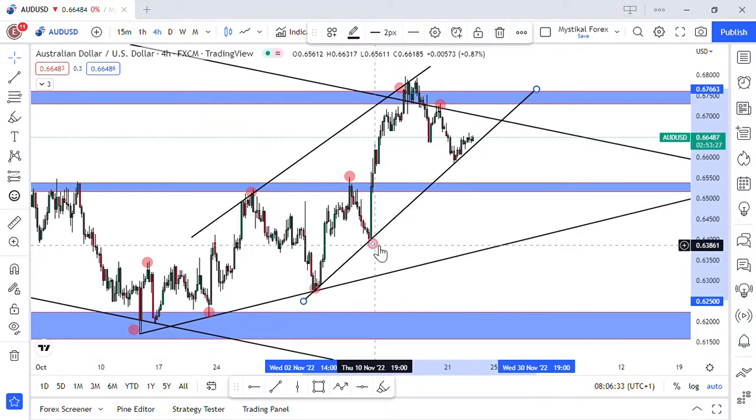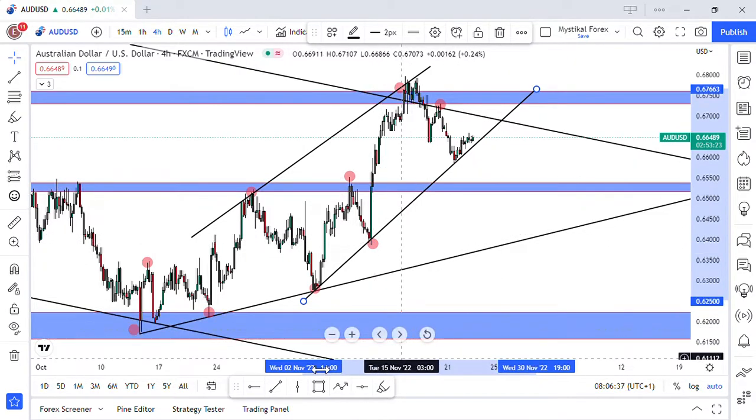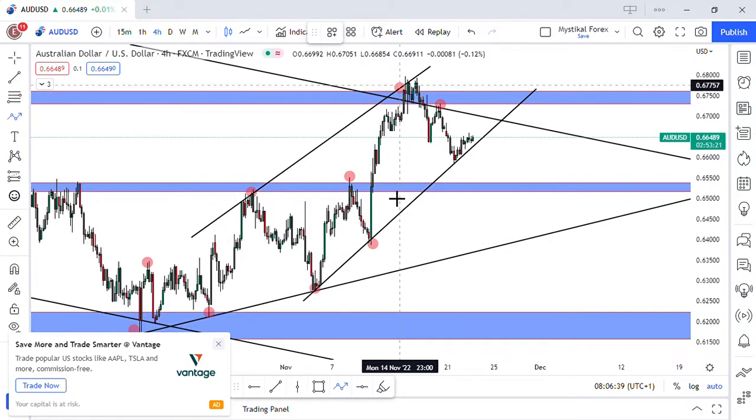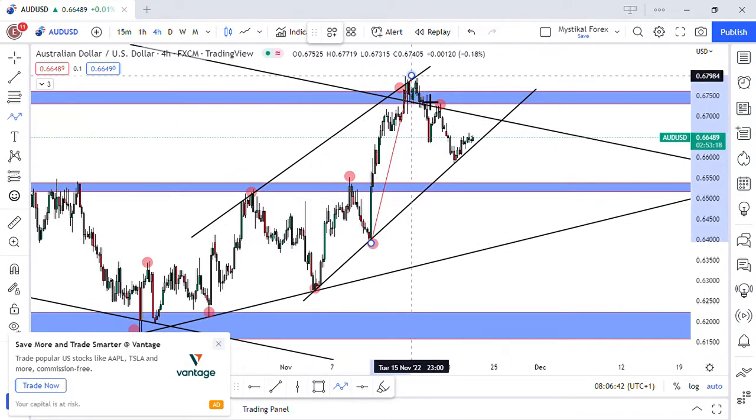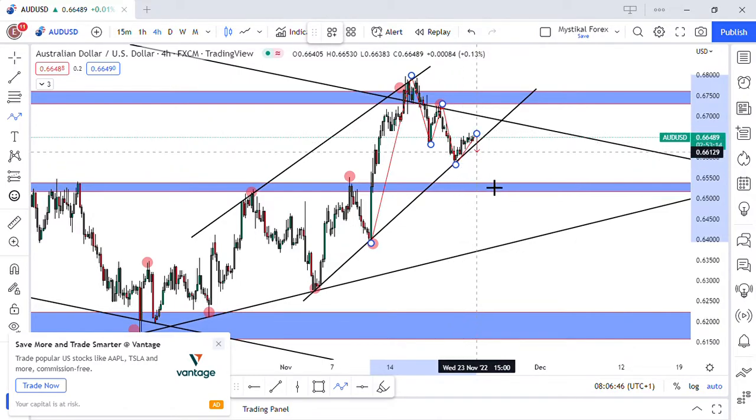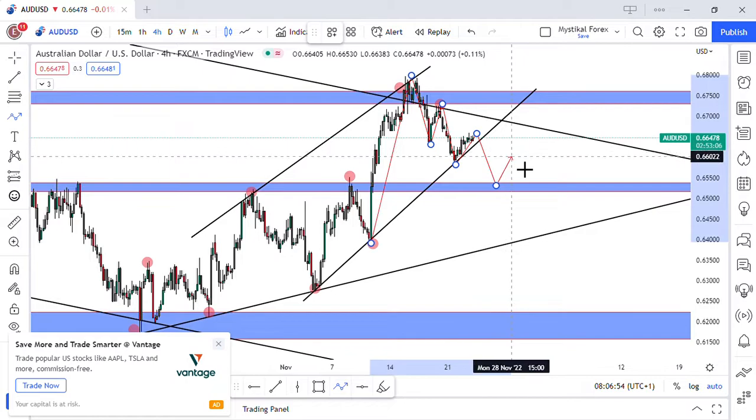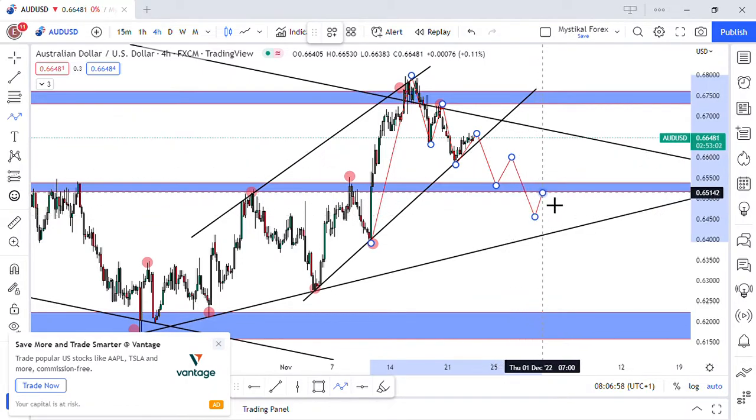Here's gonna be our first take profit right here. Sorry guys, our first take profit is going to be right over here, right after the breakout of this zone, this trend line, and the market's just gonna be moving all the way here.